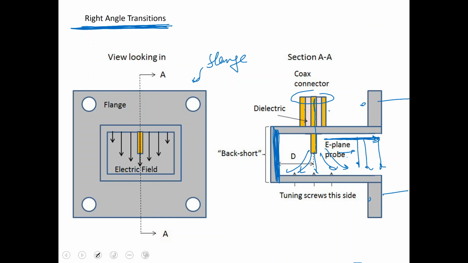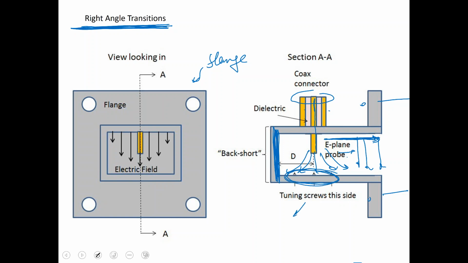This is called a right angle transition. You're basically going right angle into the waveguide for TE modes. Again, mostly we are interested in TE modes because that is the smallest one. And you also have some tuning screws at the bottom, and I'll talk about what these screws do later on.